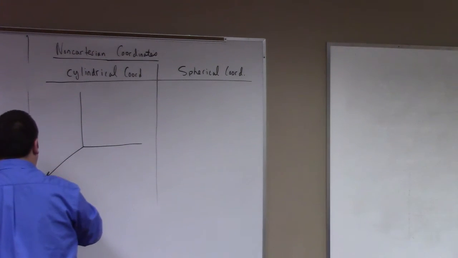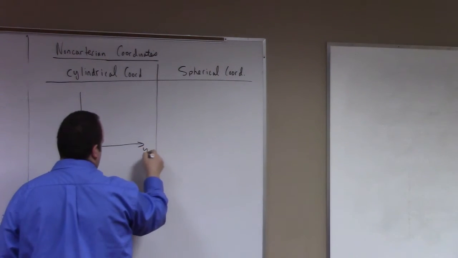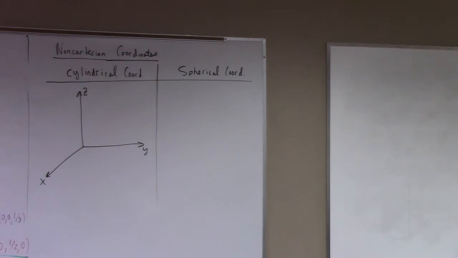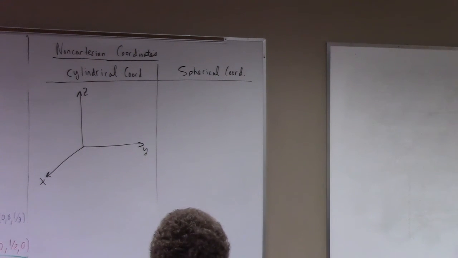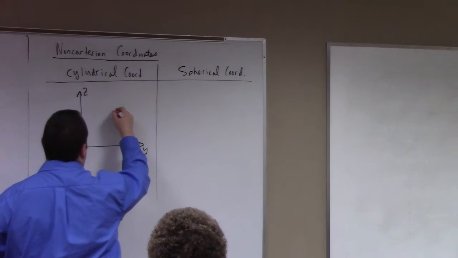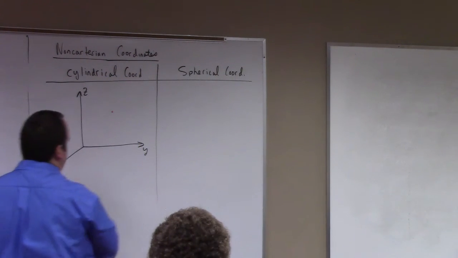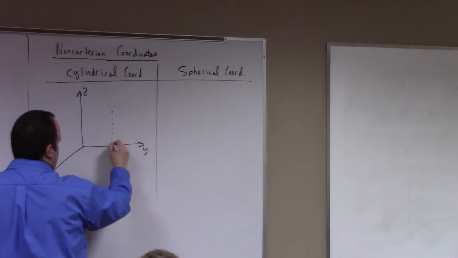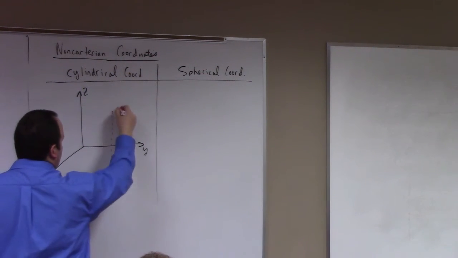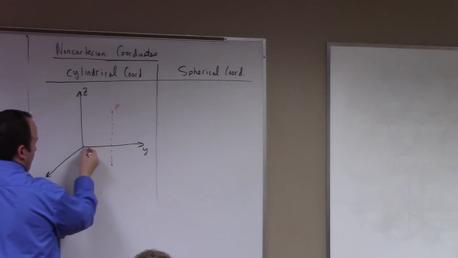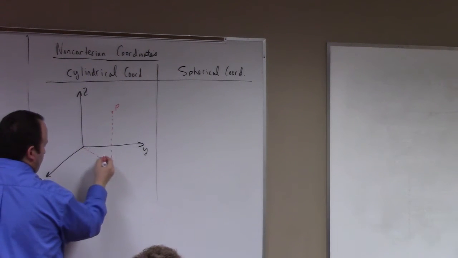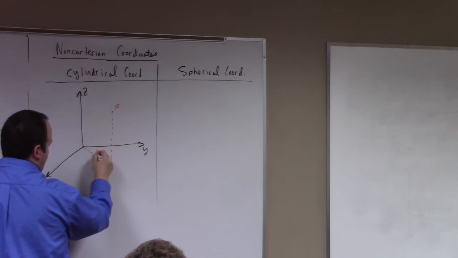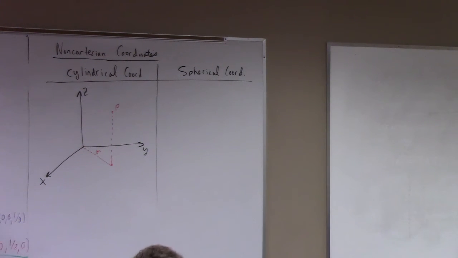I'll just draw them out for you guys. If this is x, this is y, this is z, all right? You pick a point. Pick a point, any point. I'll pick a point up in the first octant because, well, yeah. And then, of course, we can look at the projection of that point down to the xy plane, right? And this distance is the so-called radius r, right?